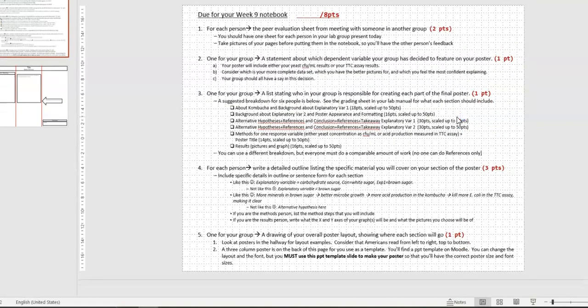All right. So this week 9 notebook entry, which your instructor may print for you, but if not, you can get it from Moodle, tells you what you're going to turn in for your week 9 notebook.